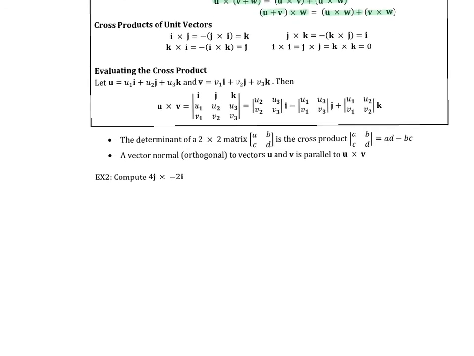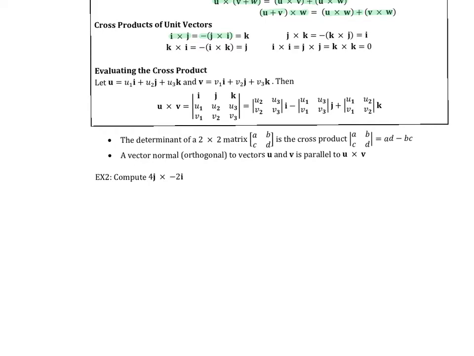Let's look at our unit vectors. So if you cross i j, that's going to be equal to negative j i. And remember, when we cross two vectors, we get a vector that is orthogonal, perpendicular, normal, whatever you want to use. Typically, perpendicular is used when we're in two-dimensional space.